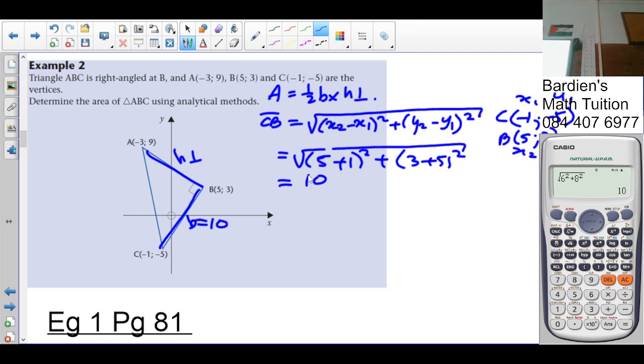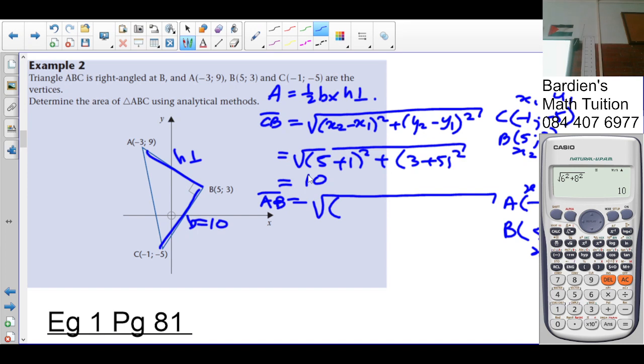The perpendicular height, which is AB, same distance formula. So A is going to be negative 3 and 9. B is 5 and 3. So I make that x1, y1, x2, y2, so that the examiner knows which points I'm using where, and also a guide for myself. Okay?